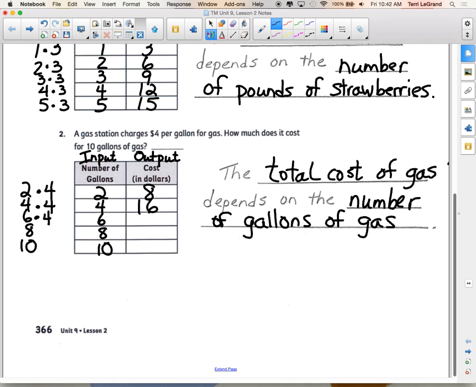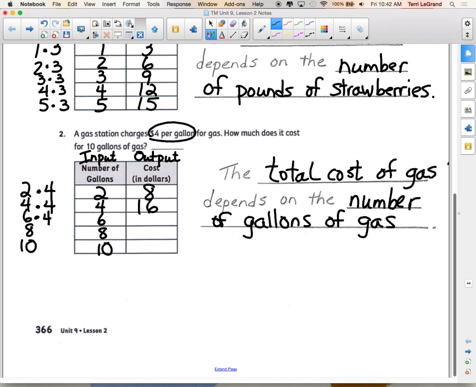But it says charges $4 per gallon of gas. $4 per gallon, that's right. So then when the first one is 4, it says 2 gallons for $4. It's per gallon, that's per 1 gallon. And in the first input, we're buying 2 gallons. So we have to pay $4 twice, don't we?